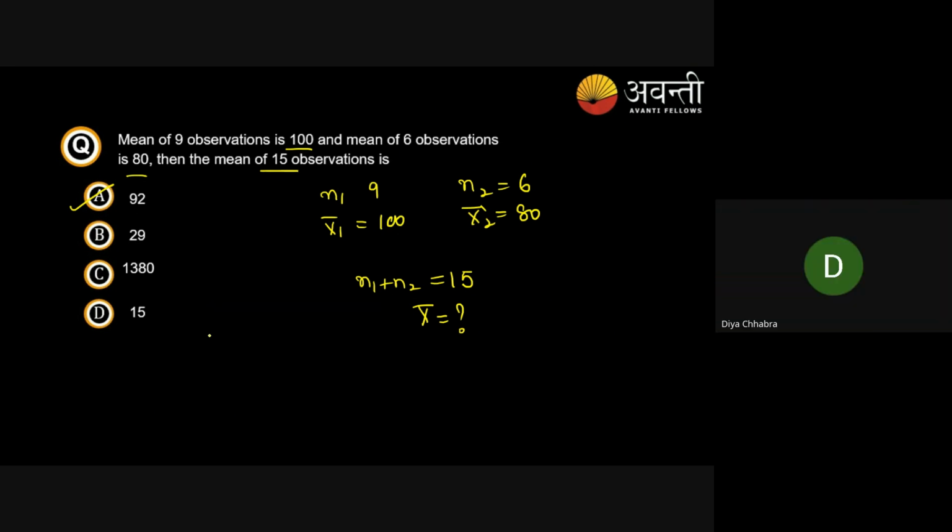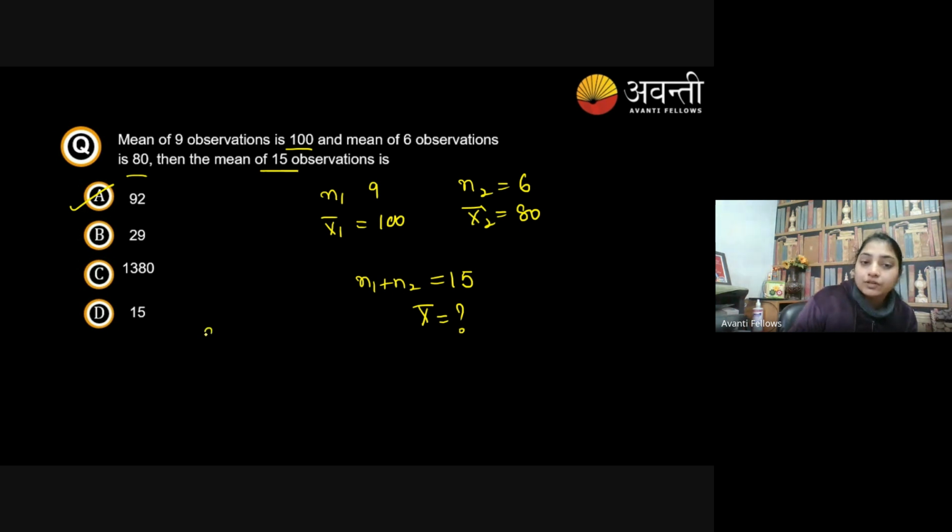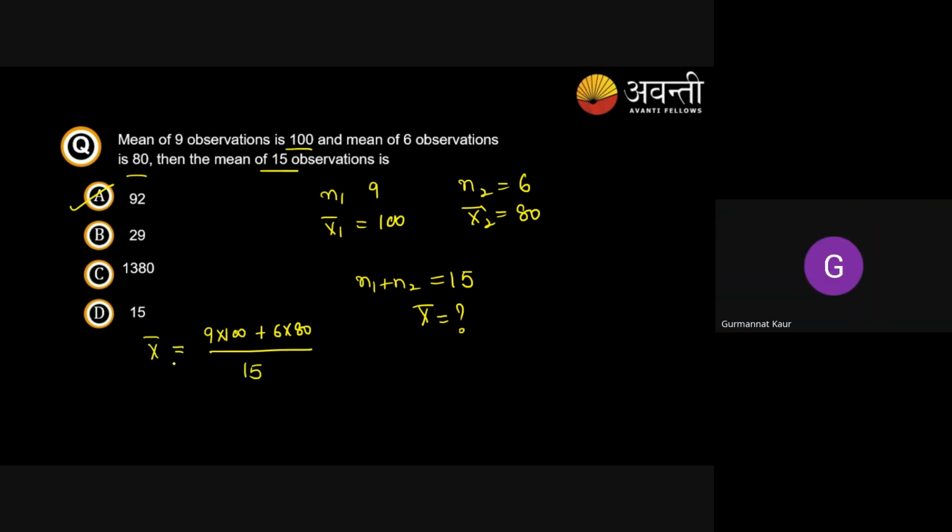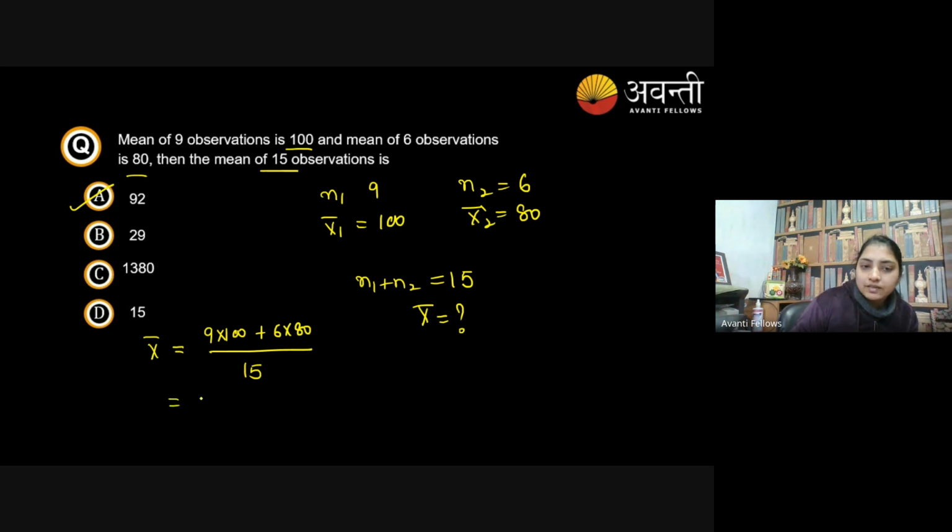Ma'am, I have applied the combined mean formula, that is x bar is equal to n1 x1 bar plus n2 x2 bar over n1 plus n2. That's wonderful. It means you have implemented 9 into 100 plus 6 into 80 divided by 15.